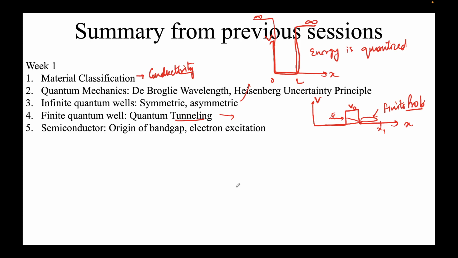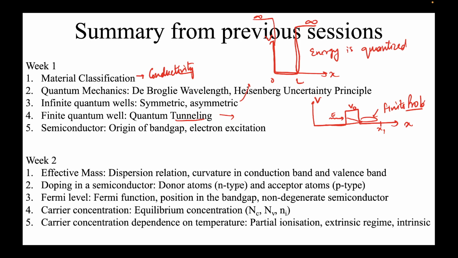We simplified, made it a model, and then we solved, and we introduced something called the dispersion relation, which is the energy and wave vector diagram, E versus K. K is your 2 pi by lambda. Lambda is your wavelength. How does the wavelength come into the picture? Remember, the de Broglie wavelength is nothing but h over p. P is your momentum, h is your Planck's constant.